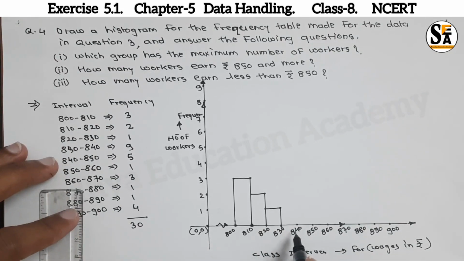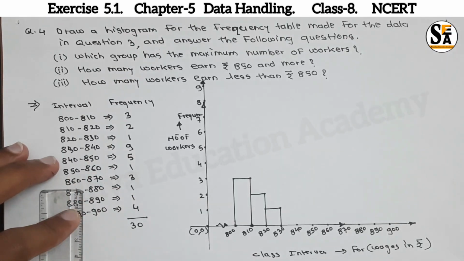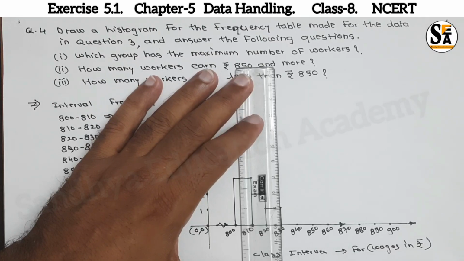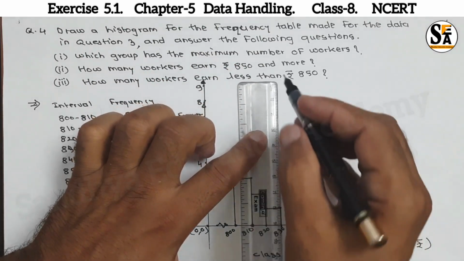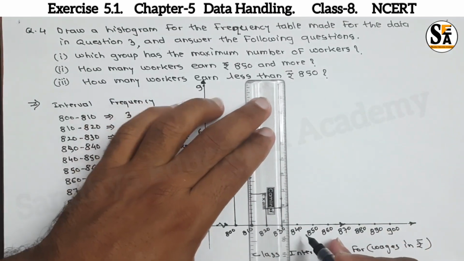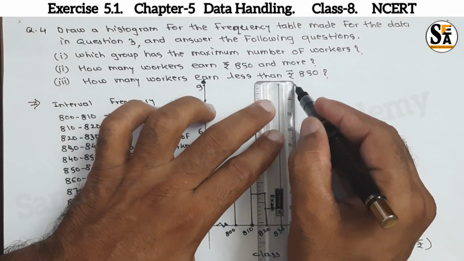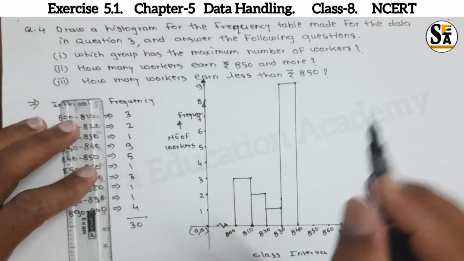For 830 to 840, there are 9 workers in this class interval. So make a 9 centimeter vertical line for this interval. This is the highest frequency class interval.